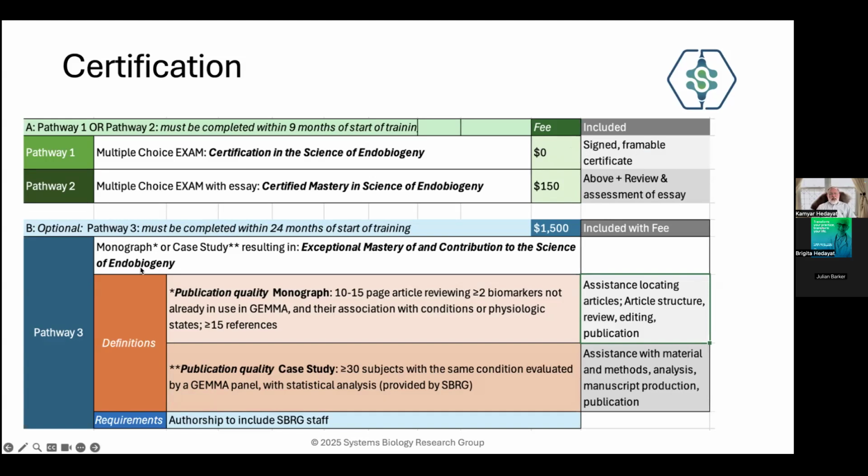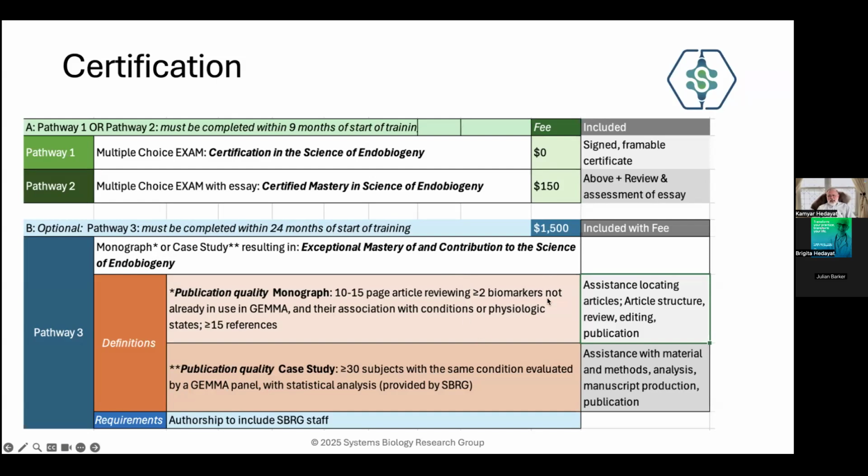The third pathway is to take up to 24 months from the start of training, so an additional 18 months from after the course is done, to either write a monograph or to conduct a case study. And in that case, you would get a diploma called Exceptional Mastery of and Contribution to the Science of Endobiogeny.